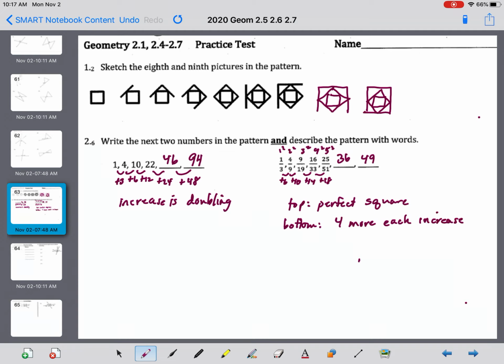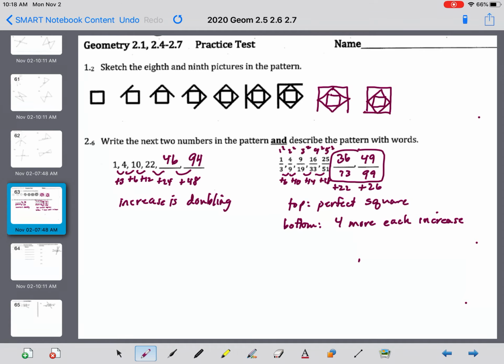So the next increase will be plus 22. 51 plus 22 is 73. And then 4 more than that is plus 26. That's going to take you to 99. So these are 36 over 73 and 49 over 99. So, I mean, the patterns are there. Just got to look at them carefully.